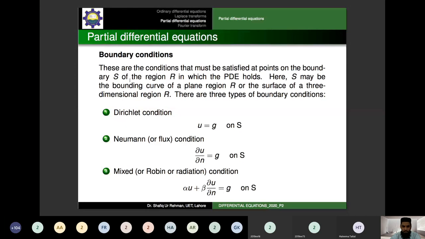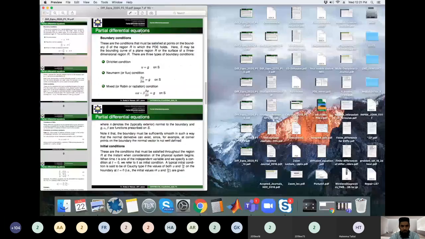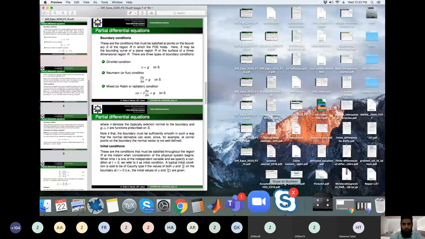Normally we are going to talk about a smooth surface behind this. Just imagine what type of expression, what type of region, what type of boundary we are interested in.